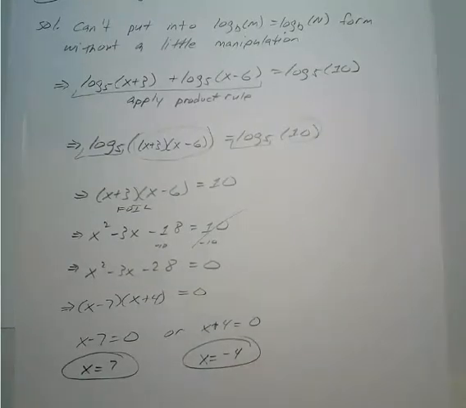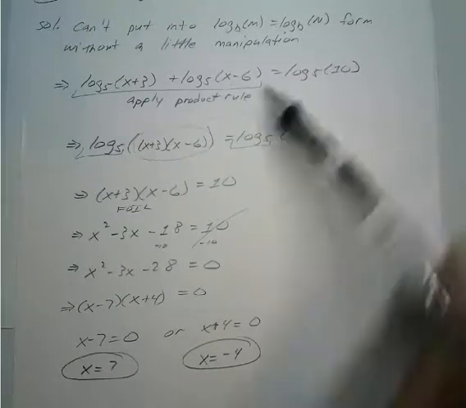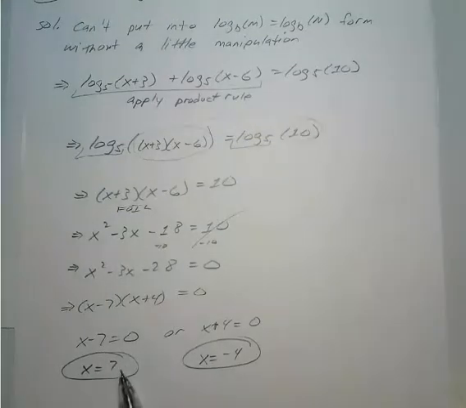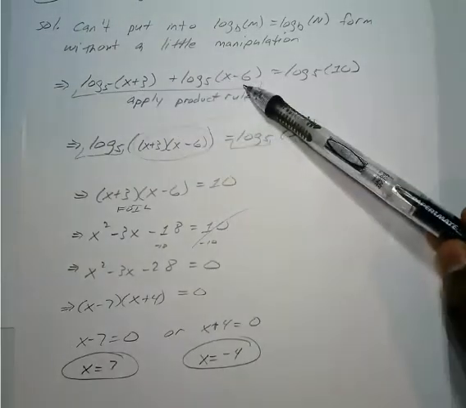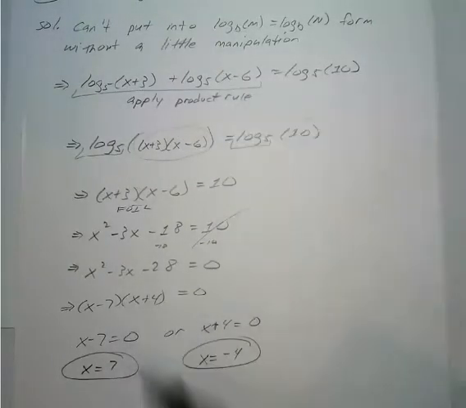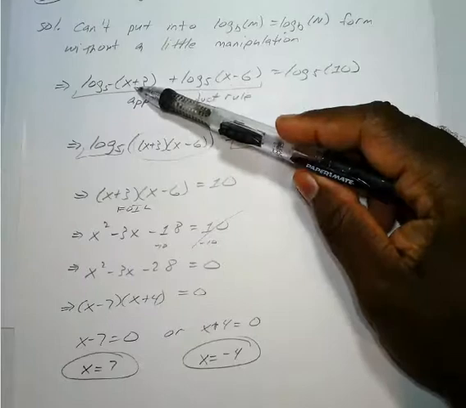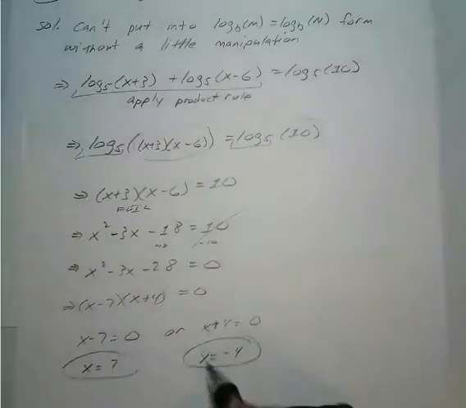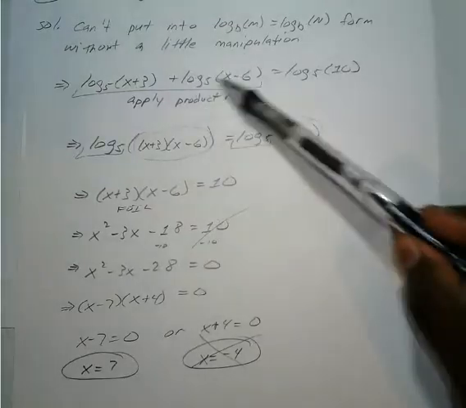Okay, so if we plug these into our original equation, if we plug in 7, you have 7 plus 3, which is 10. You have 7 minus 6, which is 1. So 7 is good. If you plug in negative 4, you see right here, negative 4 plus 3 will give you negative 1. So you can't use negative 4. Now, it doesn't mean that all of them have to be negative.